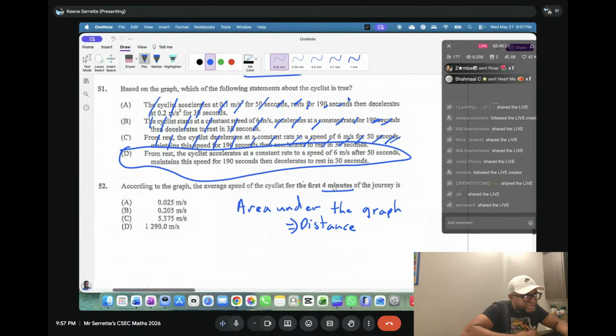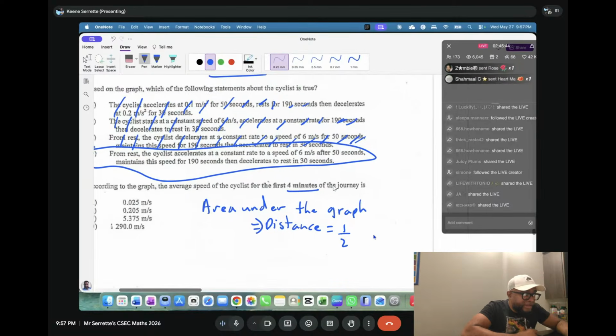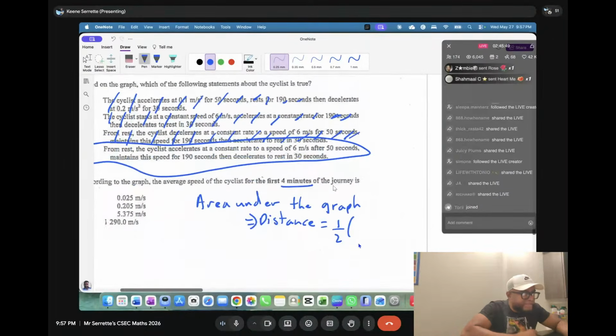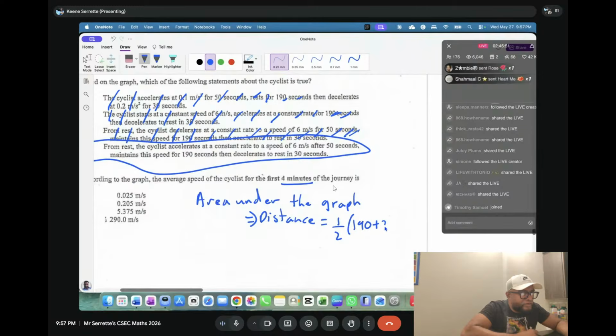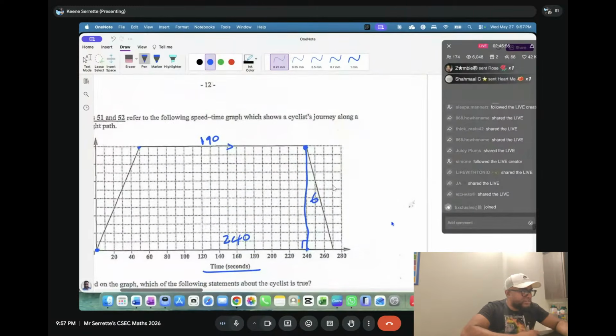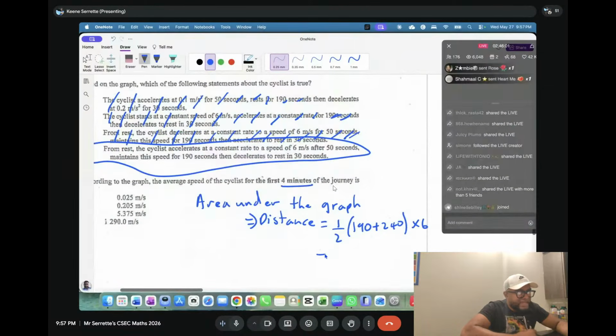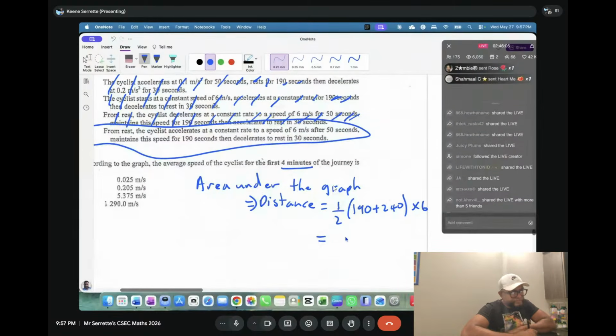Your distance would be equal to a half A plus B, so it'll be 190 plus 240, multiplied by 6. What's the distance here? Anybody work this out?